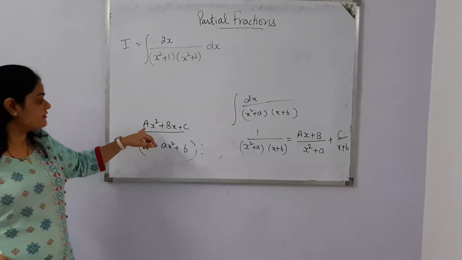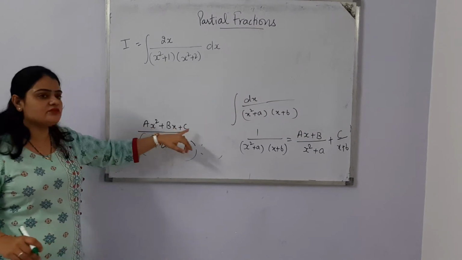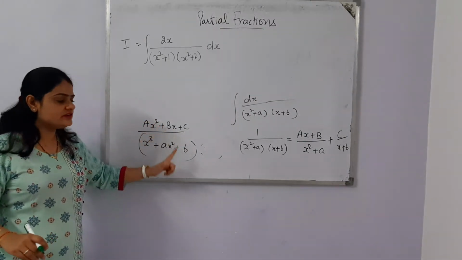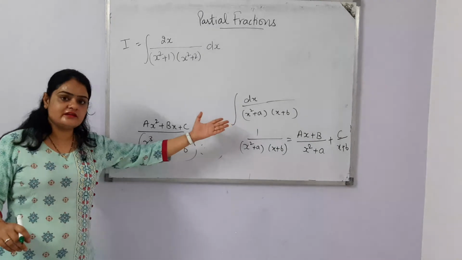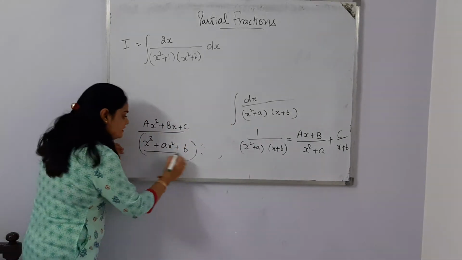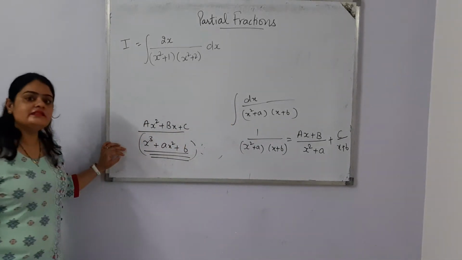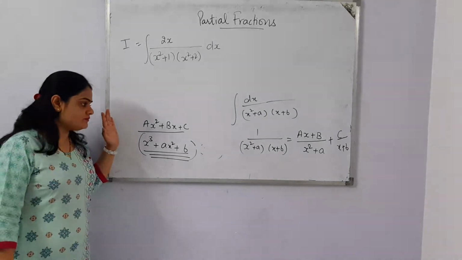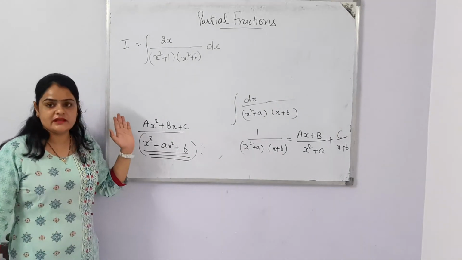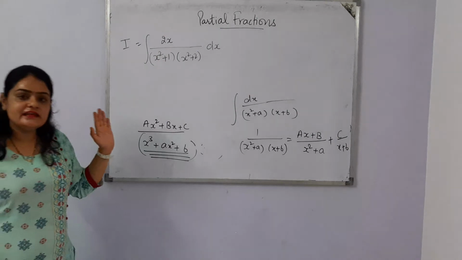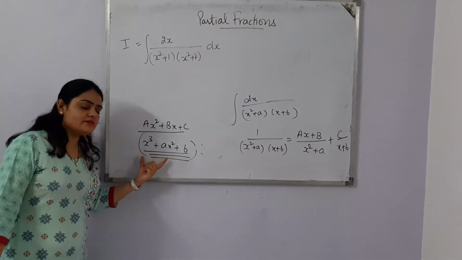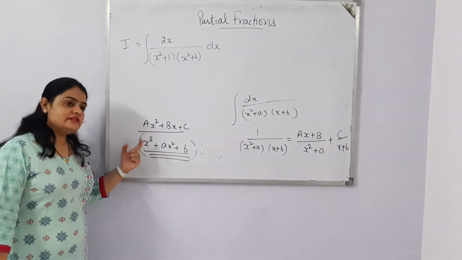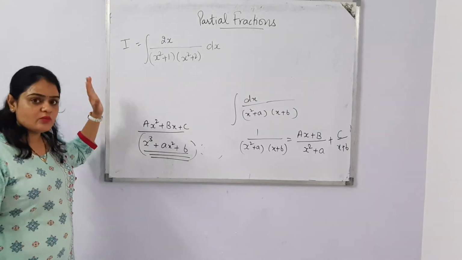So instead of 3x square we are taking ax square plus bx plus c. Here three constants are there, and of course if another factor is there, make sure its splitting is not possible. If I find any question like this in this textbook, then I will do it on the board as well.